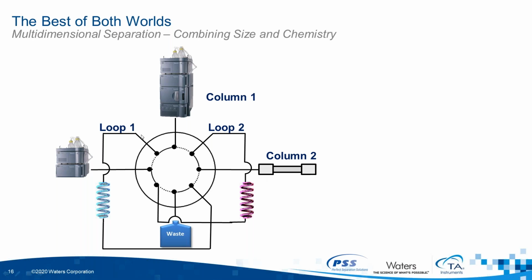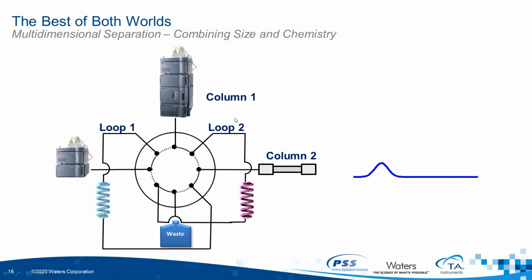Starting position is that loop number 1, the blue one here, is connected to the HPLC column and filled with effluent. Once the loop is filled, the valve is switched so that the isocratic pump here is now injecting what is inside loop number 1 on column number 2, and this will result in one GPC trace.